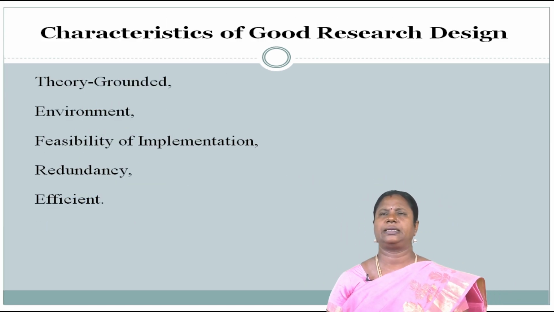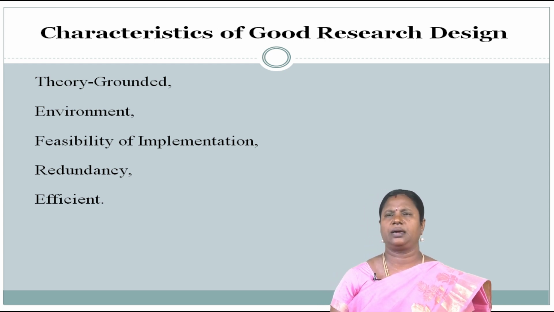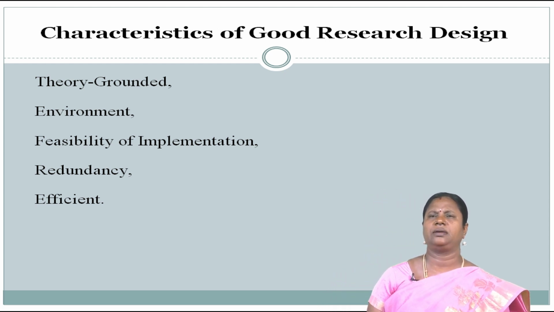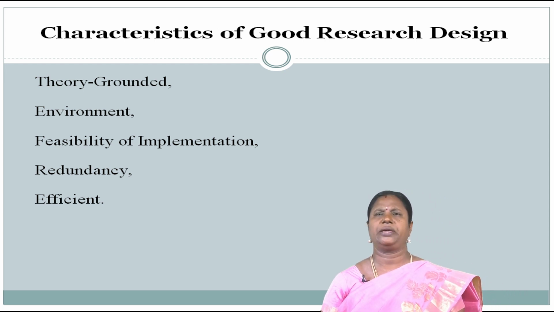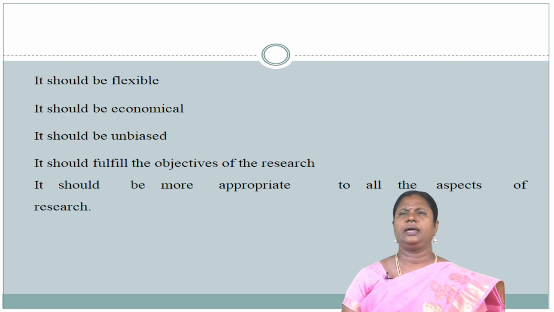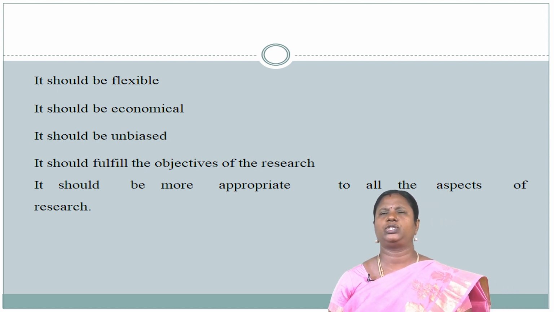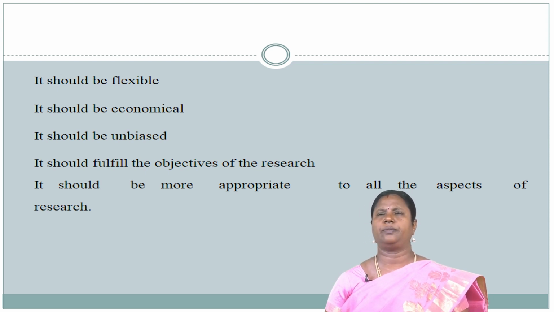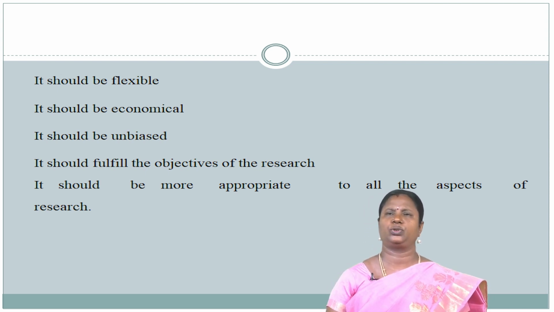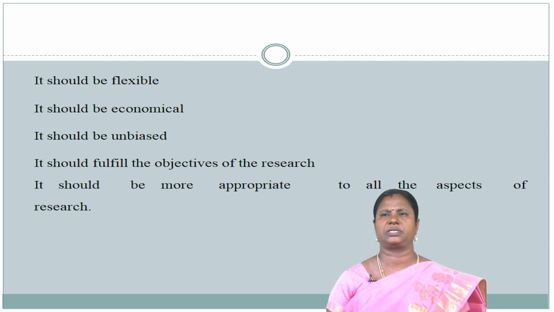Next, characteristics of good research design: theory grounded, environment, feasibility of implementation, redundancy, efficient. It should be flexible, it should be economical, it should be unbiased, it should fulfill the objectives of the research, it should be appropriate to all the aspects of research.